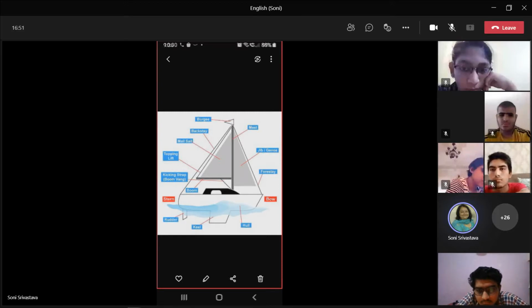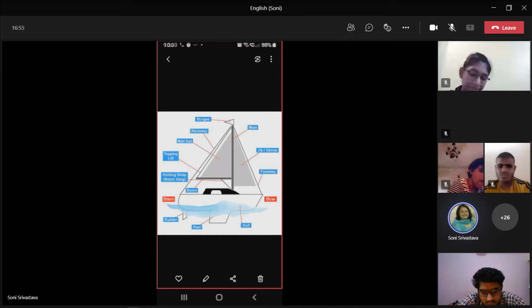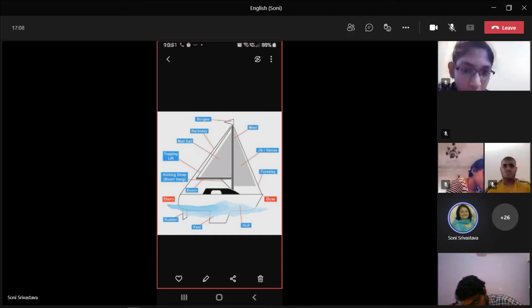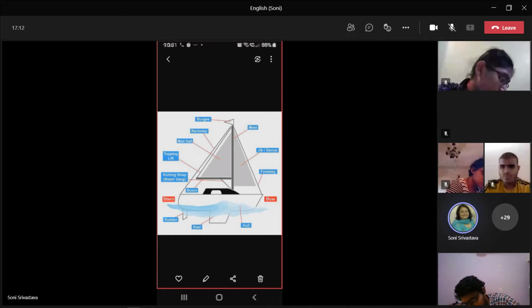All of you, please take a pencil and do this exercise. There are certain words given in the box in your own book. Also see this particular picture and write the words that are there. Now, the very topmost is called burgee. Then on the right hand side you have the mast.